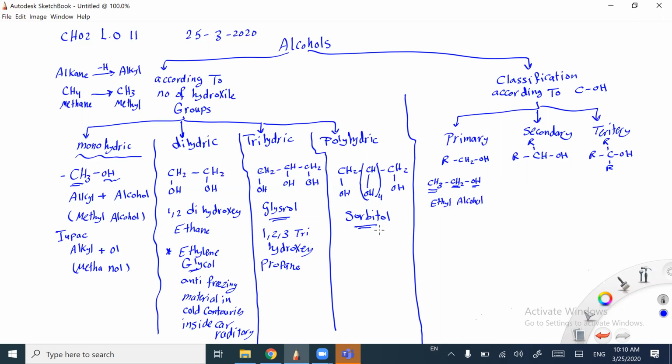IUPAC: alkyl plus ol, so ethane, ethanol. The second, we're talking about the secondary alcohol. Secondary alcohols are represented by CHOH.